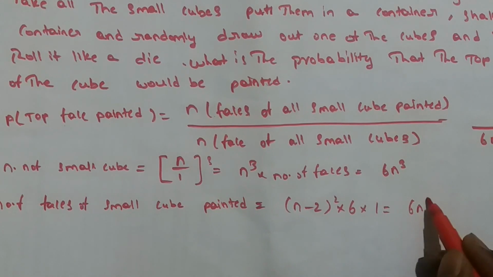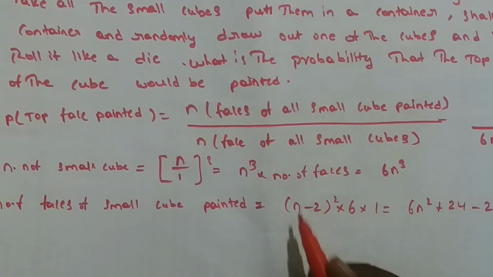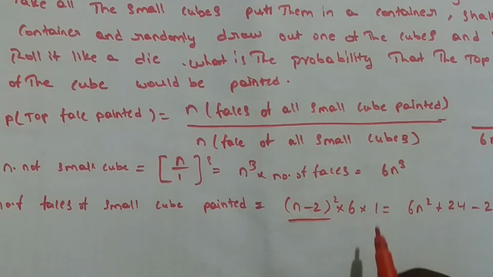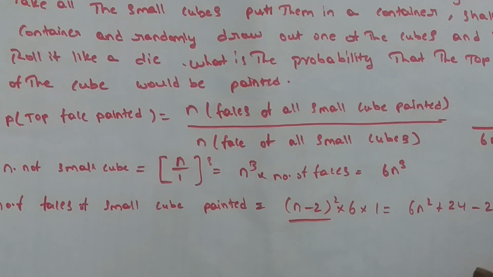We will get 6n square plus 24 minus 24n, applying the formula (a minus b) whole square equals a square plus b square minus 2ab.